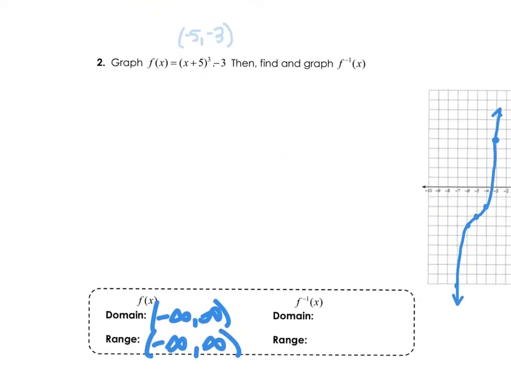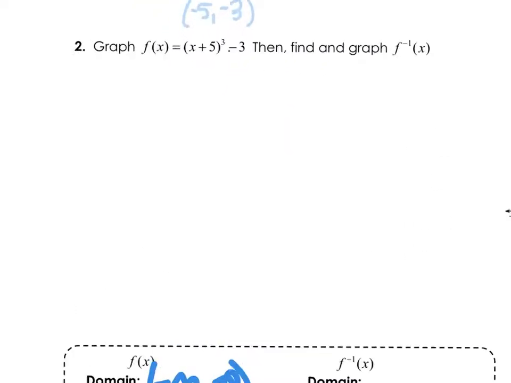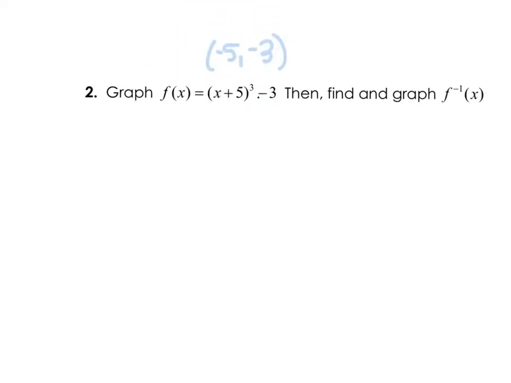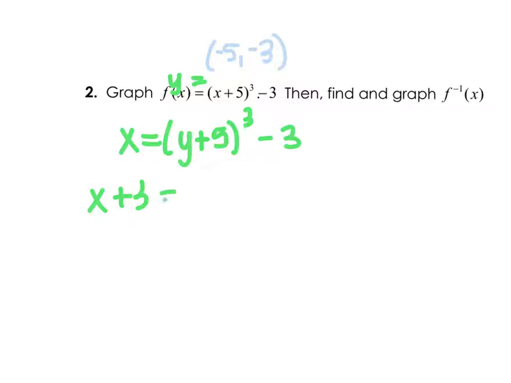Okay, finding the inverse function. So if this is y equals, we're going to switch x and y. So I'm going to write x equals (y plus 5) cubed minus 3. Now I'm going to start solving for y. I'm going to add 3 to both sides. I'm going to take the cube root of each side.